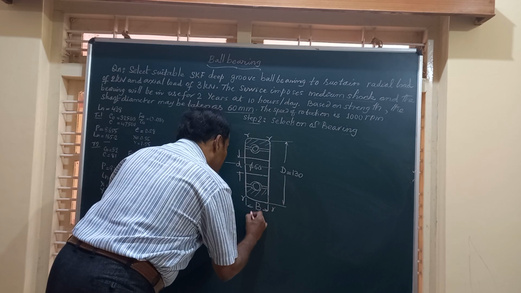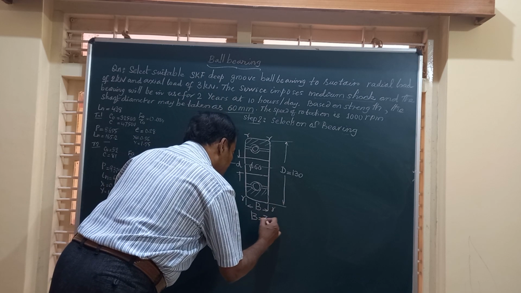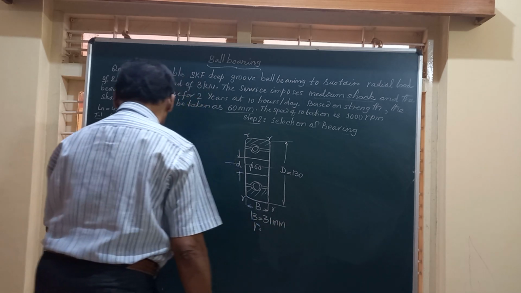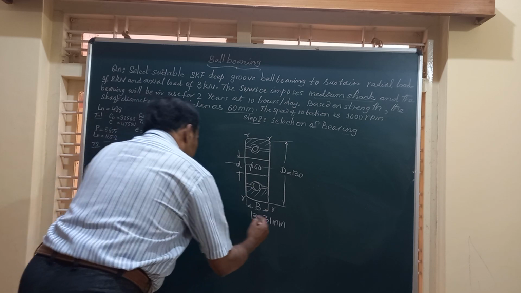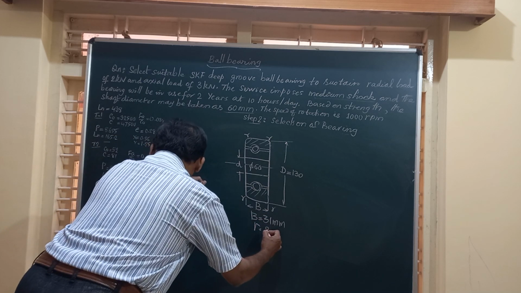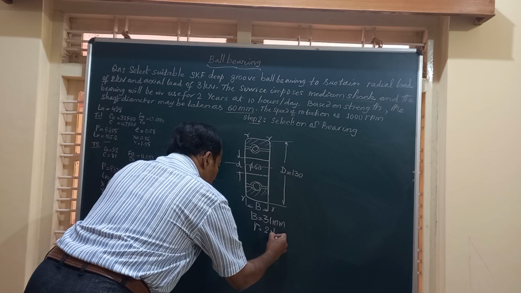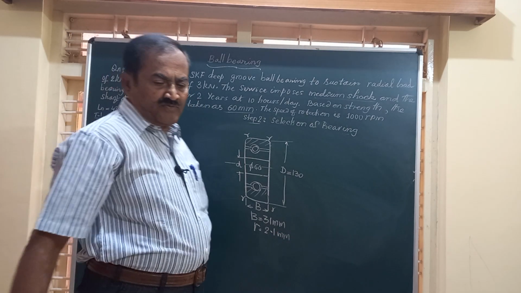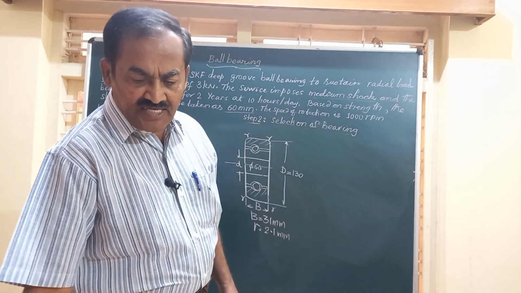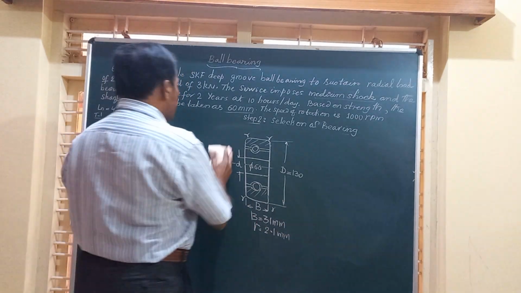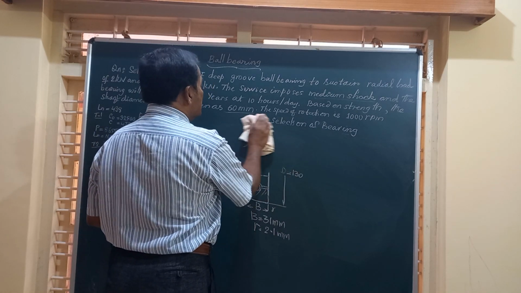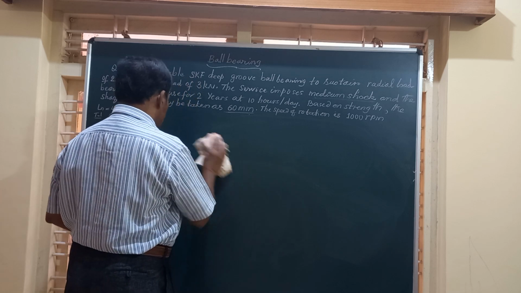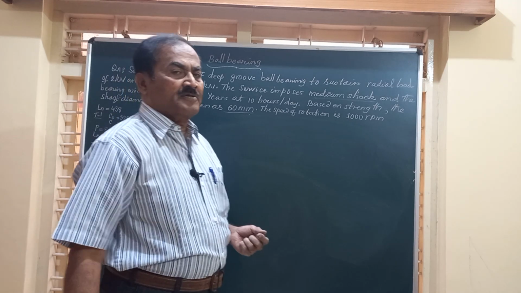Friends, here this B is given to be 31 millimeter, and R, the fillet radius, will be 2.1 millimeter. And friends, this is how we select the ball bearing when the loads the bearing has to sustain and the service conditions are given to us.